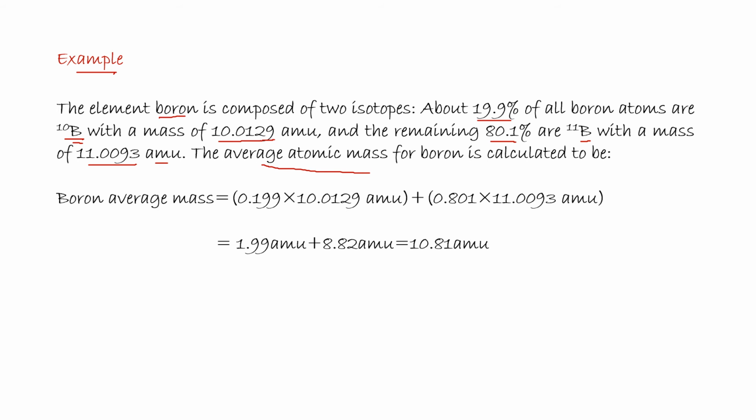Then the average atomic mass of boron will be 19.9% times the mass 10.0129 plus 80.1% times 11.0093 atomic mass unit. So that makes 1.99 atomic mass unit plus 8.82 atomic mass unit. So the average will be 10.81 atomic mass unit.